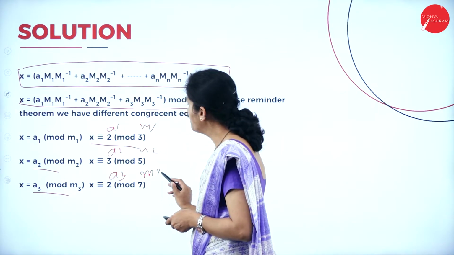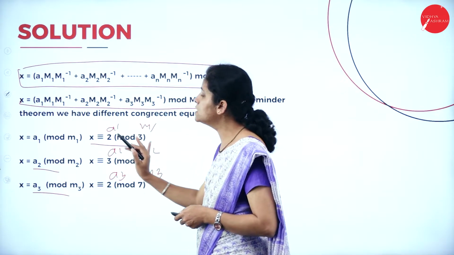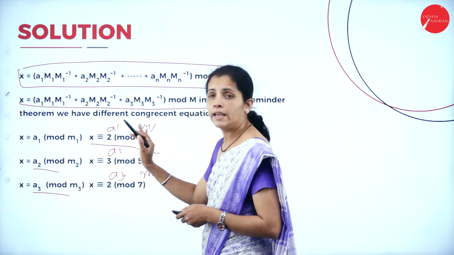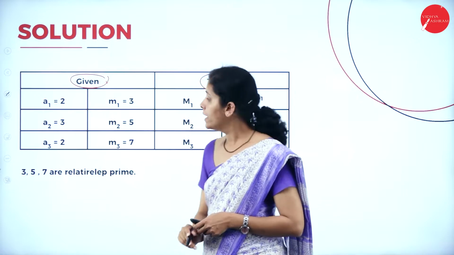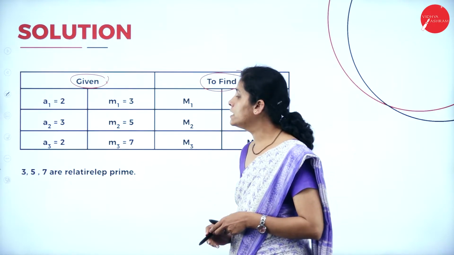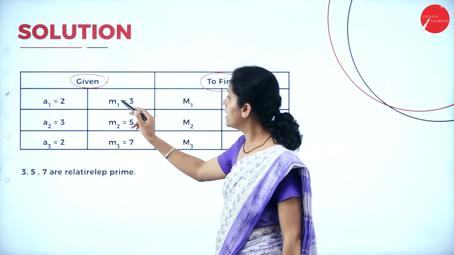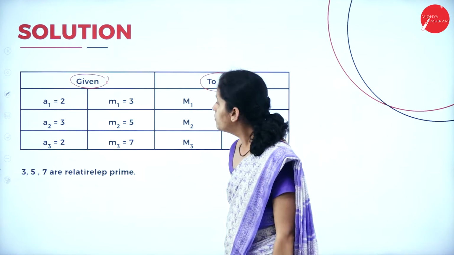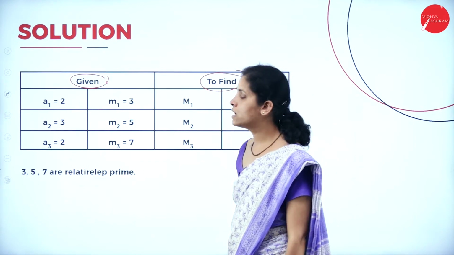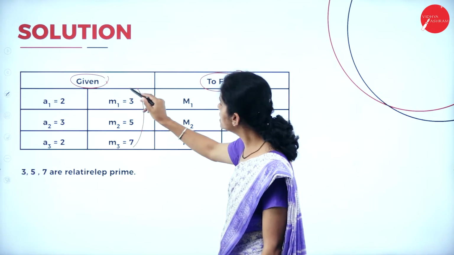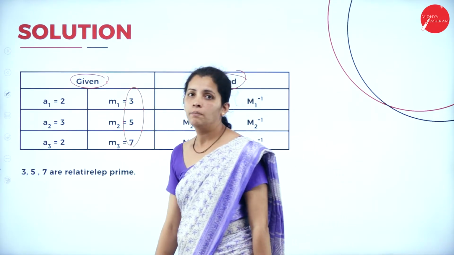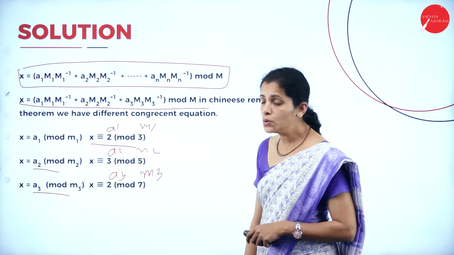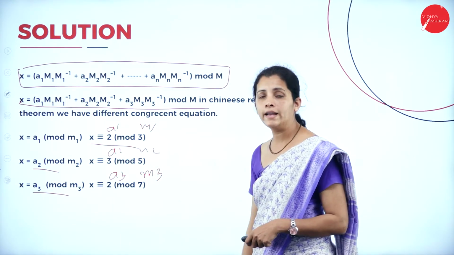And I'm going to substitute these values in their respective position. Now, A1 equal to 2, A2 equal to 3, A3 equal to 2 and small letter M1, M2, M3 are 3, 5 and 7, and all three numbers are relatively prime numbers.